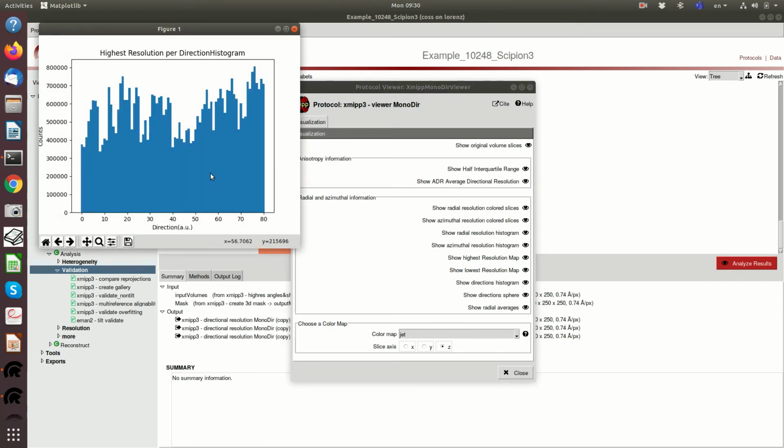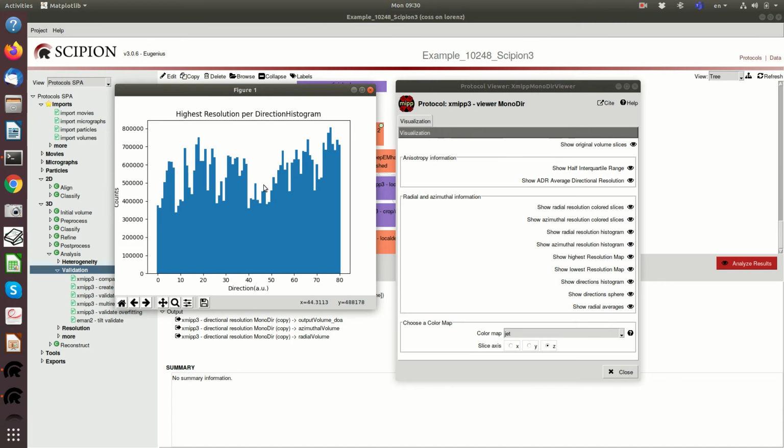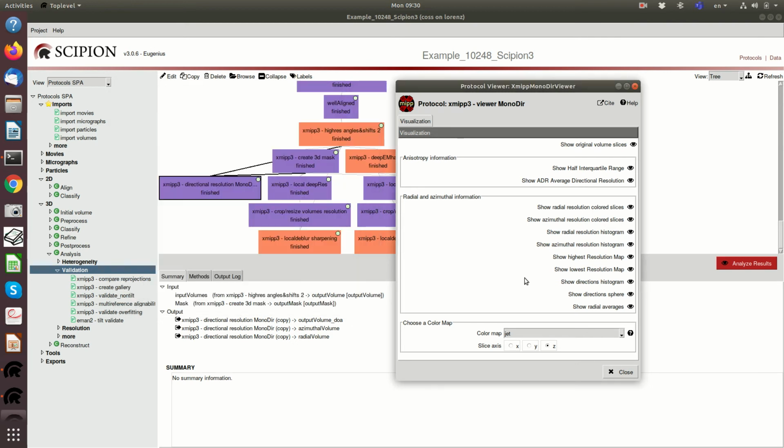Another interesting plot is this one, where we have the resolution per direction. So this is for different directions, and we see how many voxels have their maximum resolution along that direction, and we see that it is not perfectly uniform, but it is pretty uniform, and also we can see it here.